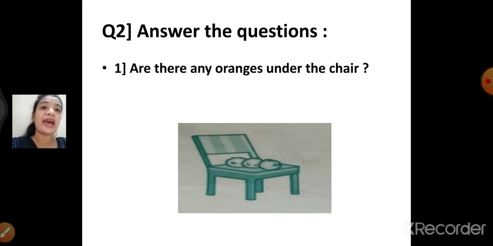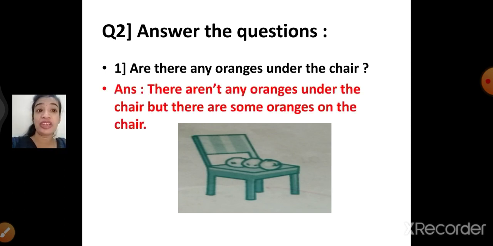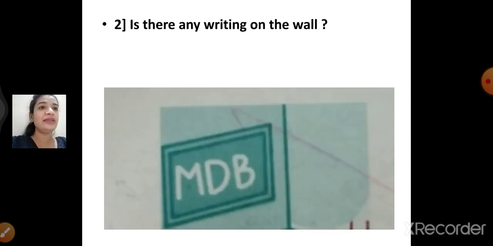Second exercise, are there any oranges under the chair? There aren't any oranges under the chair, but there are some oranges on the chair. Second one, is there any writing on the wall?